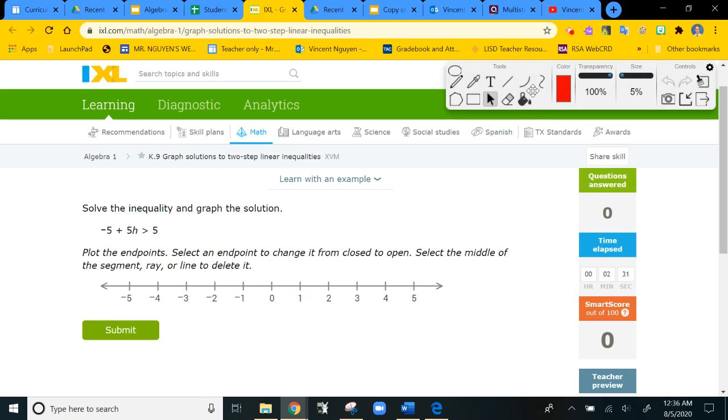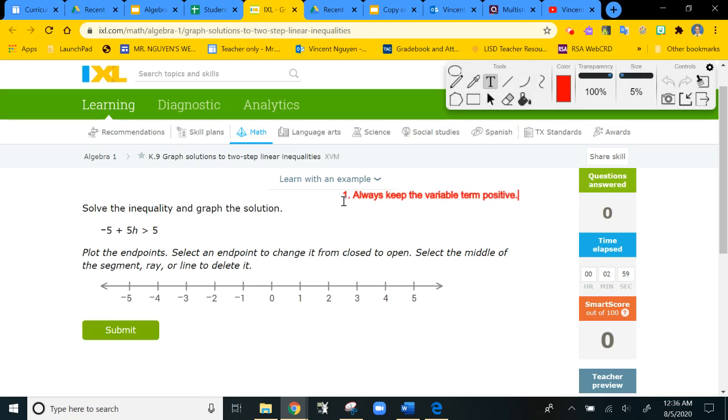Okay, two things before we start. When you're solving inequalities, you need to keep two things in mind for me, okay? First thing, always do whatever you need to do to keep the variable term positive, okay? That means if it's negative, we need to move it so that it becomes positive, okay? Why?